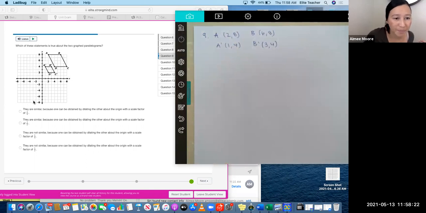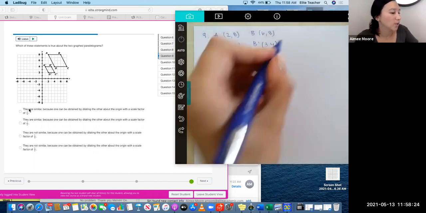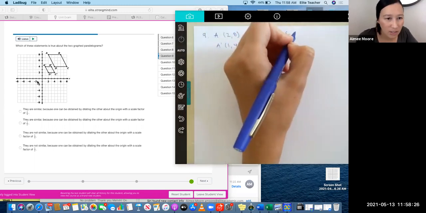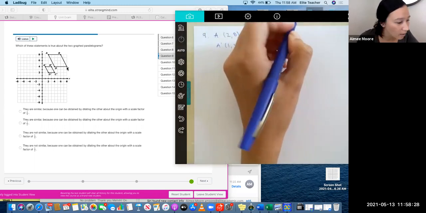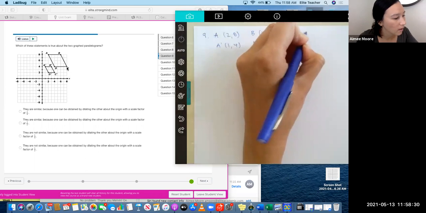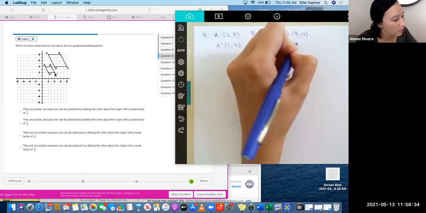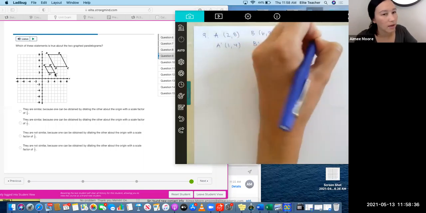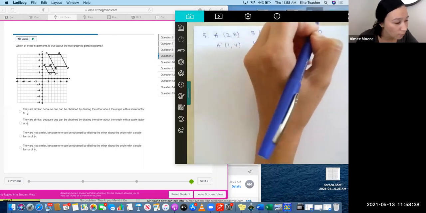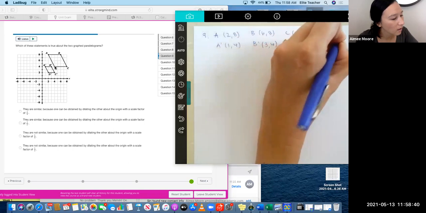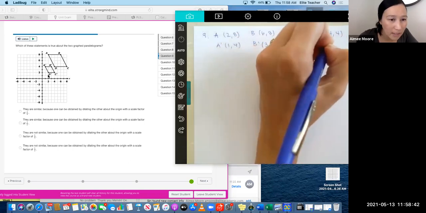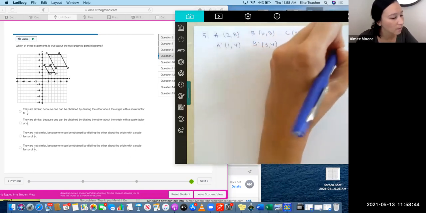So we could do all of the points just to make sure. C is at 8, 4. C prime is at 4, 2. D is at 4, 4. D prime is at 2, 2.